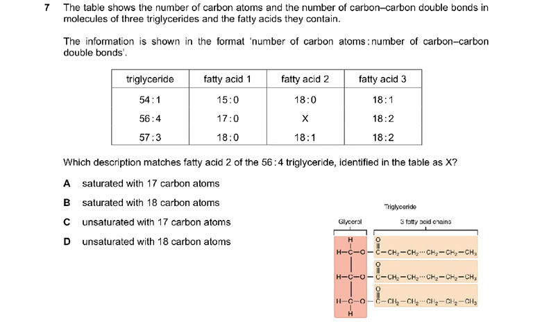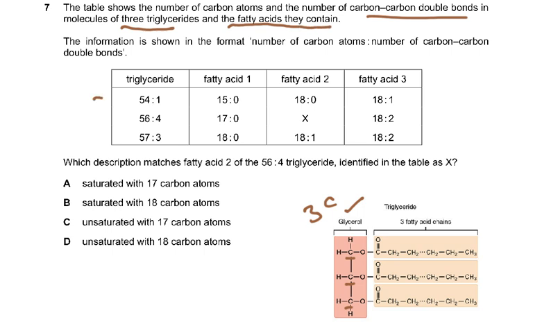The table shows the number of carbon atoms and the number of carbon-carbon double bonds in molecules of 3 triglycerides. So triglyceride will have a glycerol which has 3 carbon in it. 1, 2, 3. Plus it says, and the fatty acids they contain.